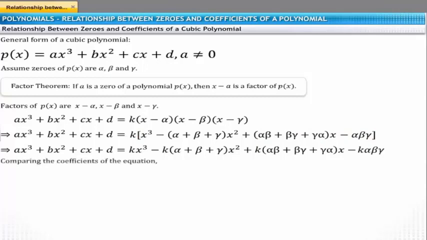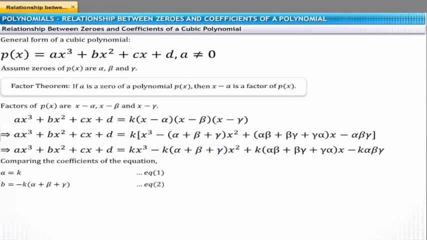Now, we'll compare the coefficients of x, x square, x cube, and the constant term. a is equal to k. Let this be equation 1. b is equal to minus k into the sum of zeros, alpha, beta, and gamma.